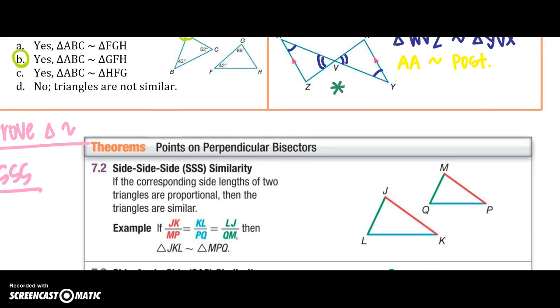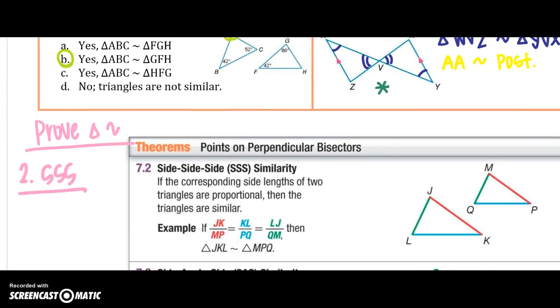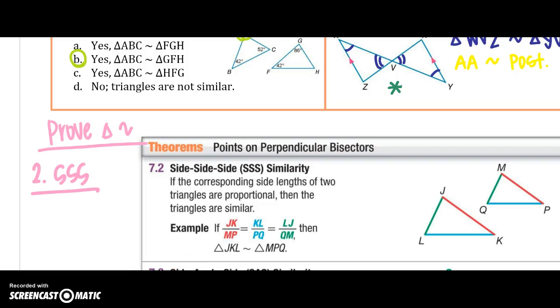All right, 2 other ways we can prove triangles are similar. So the first one is SSS. We had a similar one to that to prove triangles are congruent, but in this one, I know that sides must be proportional. So I need all 3 sides to be proportional.